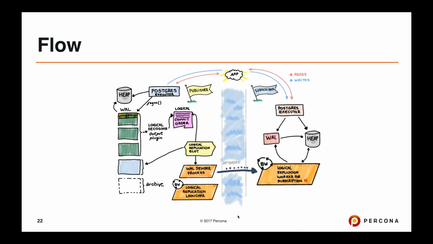The flow of the data seems quite complex, but actually it's pretty easy to understand if you understand how logical decoding works. Basically, logical decoding is in charge of translating the WAL records in commit order into a logical output, a logical file.